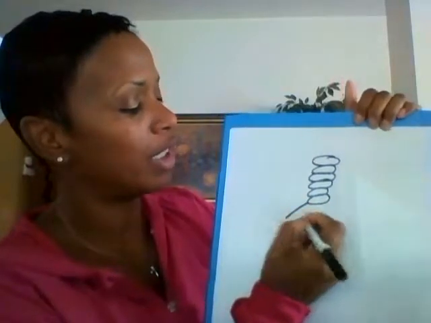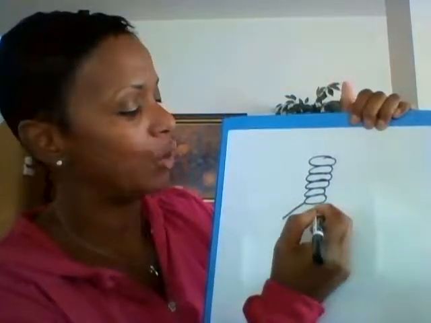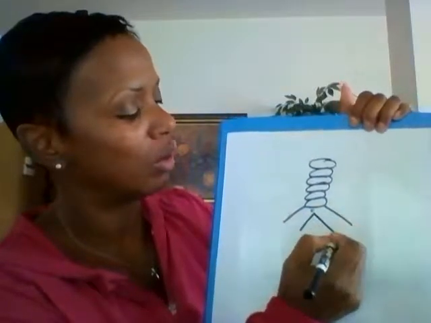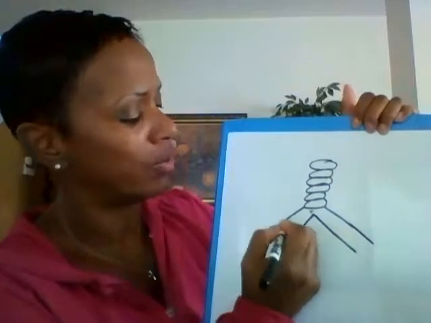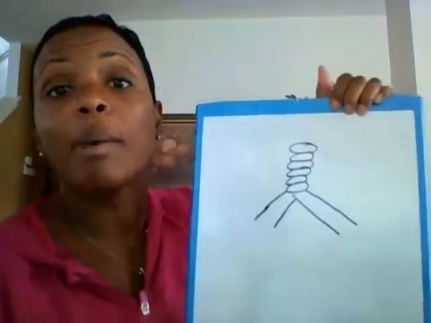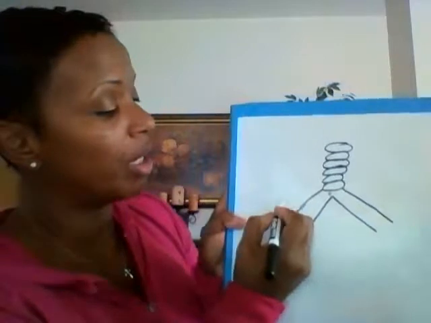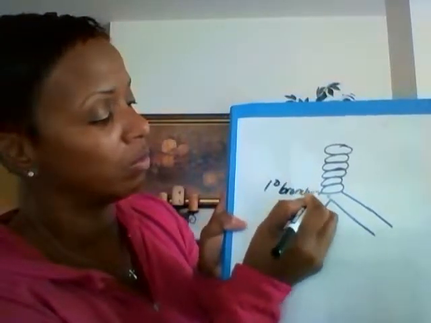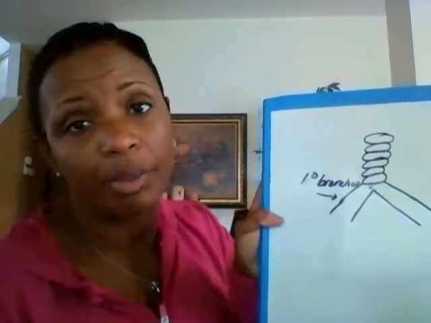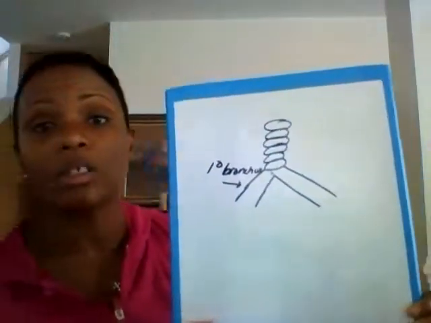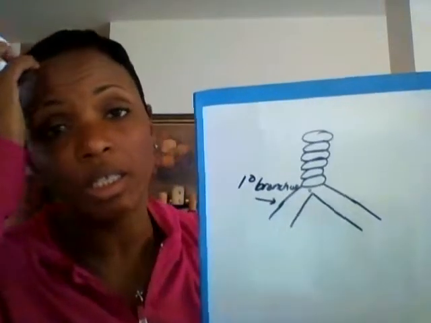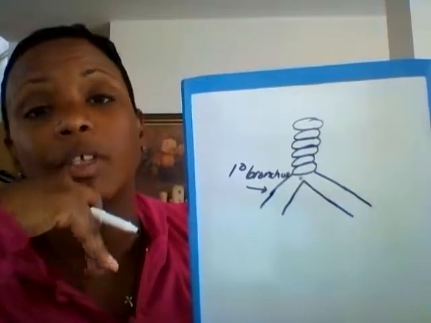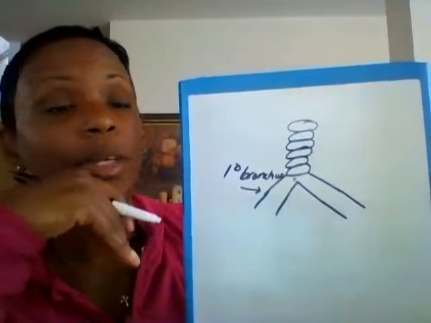Where the trachea splits and first moves into the lung, the first split is called primary. So that would be the primary bronchus. You have the right primary and left primary. The right moves into the right lung, and the primary bronchus also moves into the left lung, so that each lung has a primary bronchus.